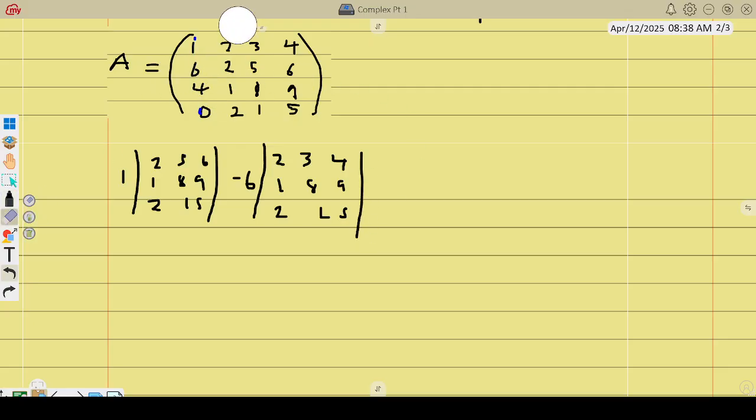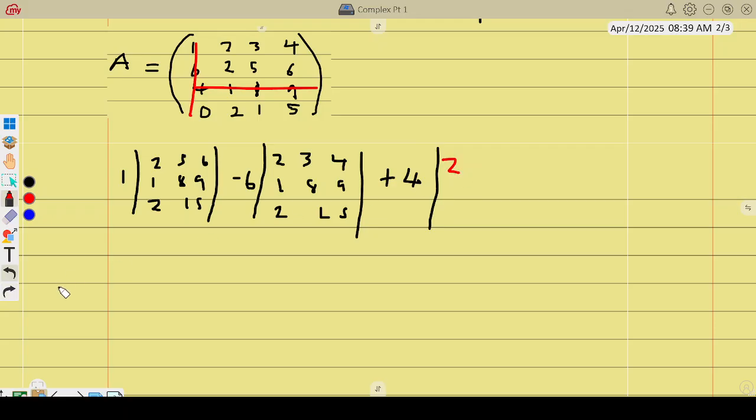And then we come to 4. 4 will have a positive, plus minus plus. But 0 is cancelled. So here what we remain with is 2, 3.